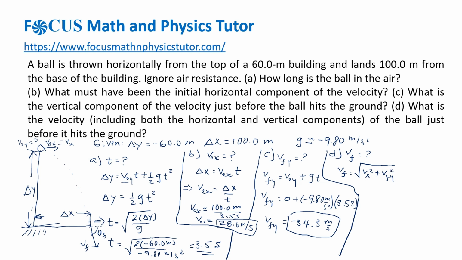The x component is always constant in this case, therefore v f is equal to the square root of v x, which was calculated in B to be 28.6 meters per second, squared, plus the y component, which was calculated in C to be negative 34.3 meters per second, squared.